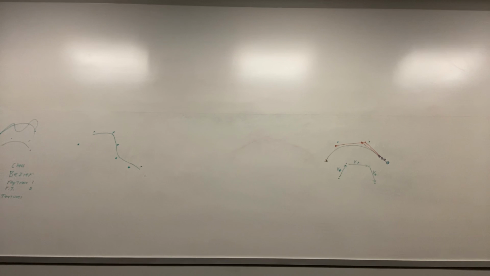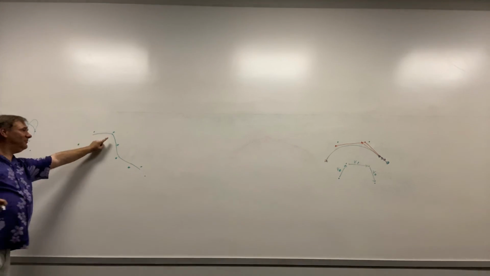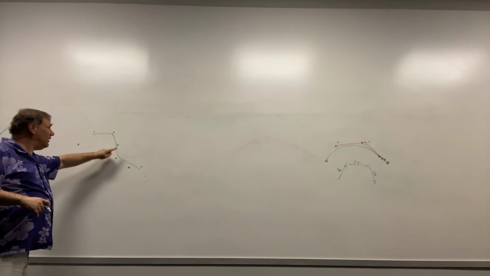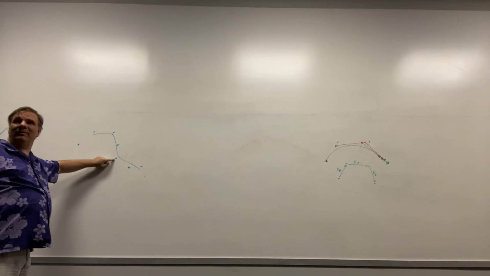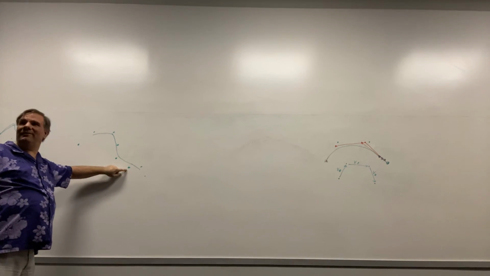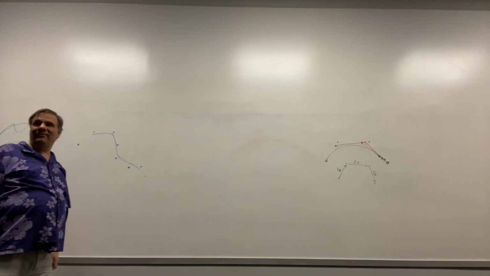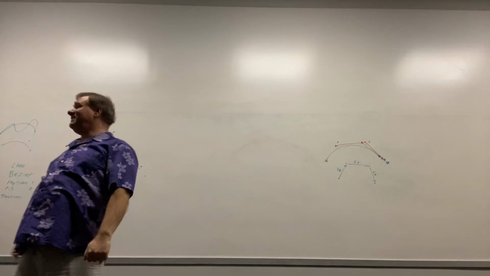So a NURB is, hey, let's put everything in the kitchen sink together. Let's have a B-spline that can have non-uniform parameterization, and let's throw in weights to all these points too. So I can leave them where they are, but say, oh, and pull more toward this, and pull less toward this. So NURB is everything in the kitchen sink thrown in with it.